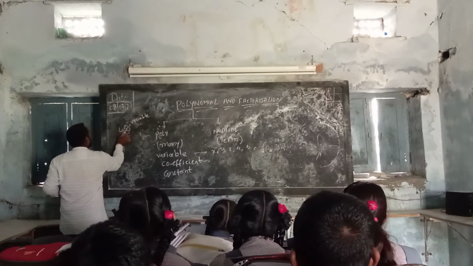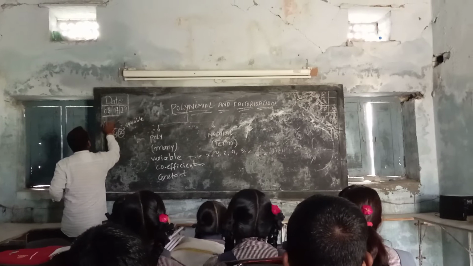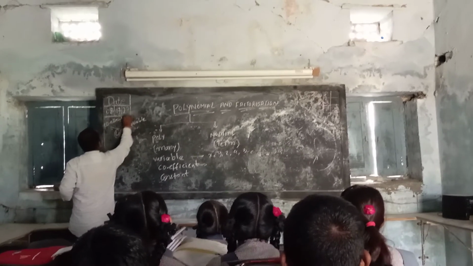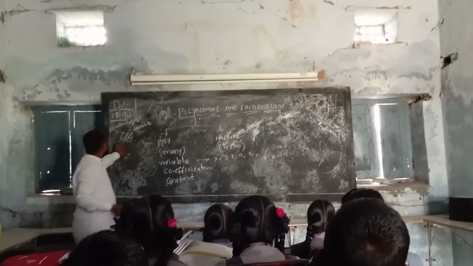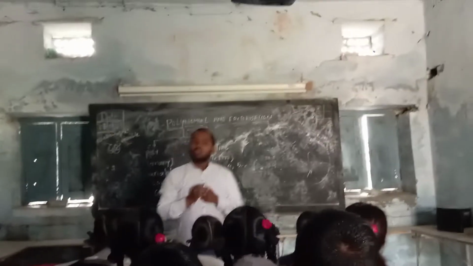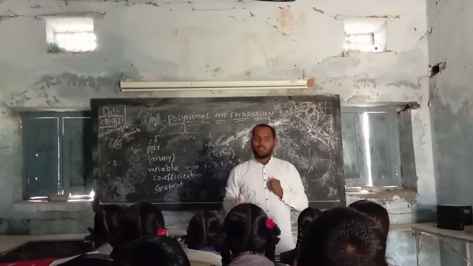And this 4 is the coefficient of x. This 4 is said to be a coefficient, and x is said to be a variable.